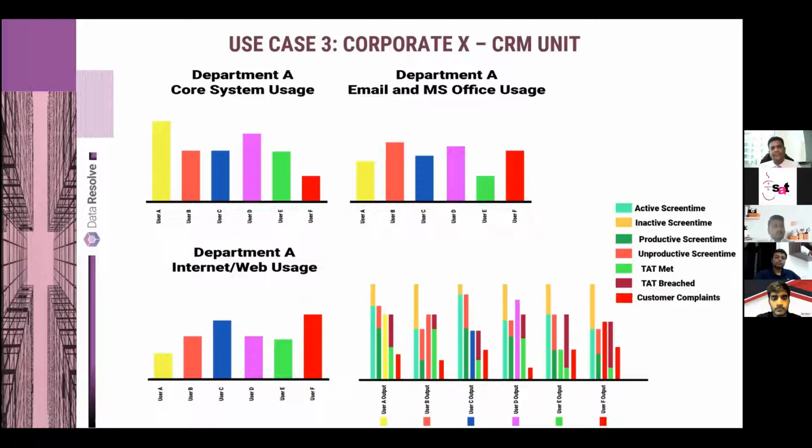And where the users are lagging, those who are producing less output or not producing quality work, they would be able to isolate the reasons for that. The entire idea is to build trust between employees and their line managers, because you would also be able to benchmark a user's behavior over a period of time.